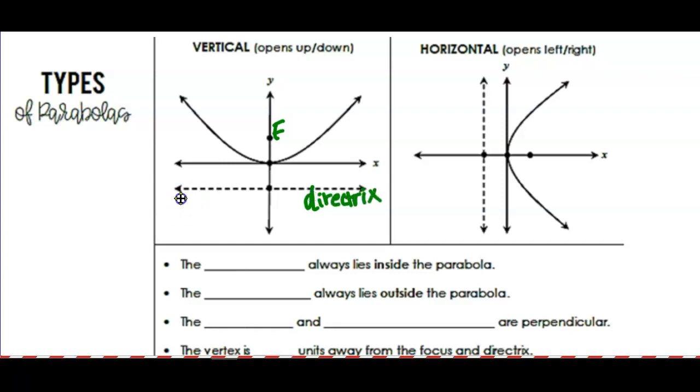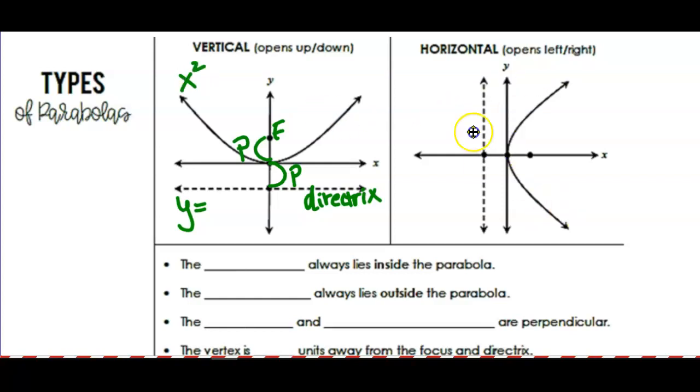And that directrix is going to be a y equals line. And what else do we need to know? We're going to have some other property here. This distance is p. So this distance is also p. And you're going to have an x squared, basically.